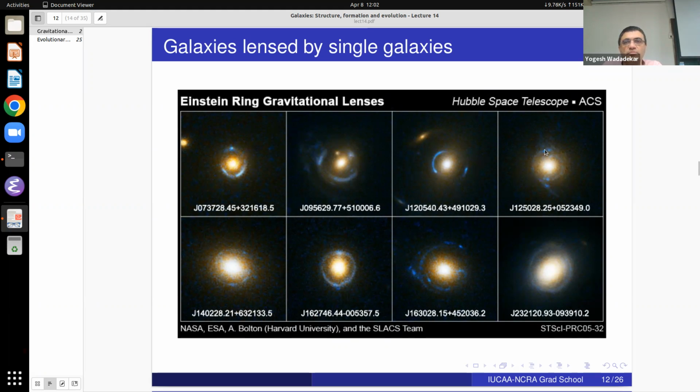The arcs are formed by lensed objects. And there was a very large project called SLACS with the Hubble Space Telescope. SLACS stands for Strong Lensing with ACS, the Advanced Camera for Surveys, one of the instruments on the HST. And they found many lenses like this, galaxy lenses.